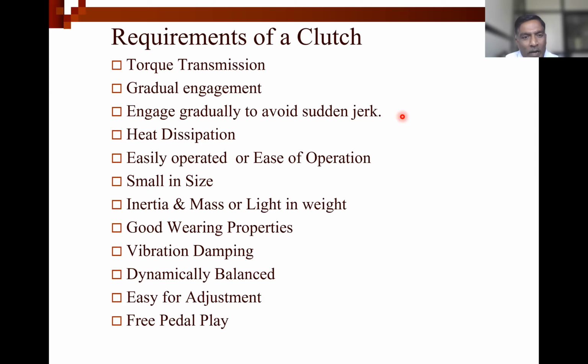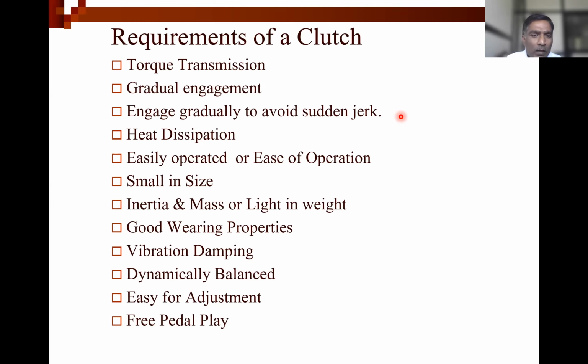And how to dissipate that heat? Whatever the clutch assembly, there should be a facility for heat dissipation to maintain the coefficient of friction constant. When there is heat, there will be a decrease in the coefficient of friction. How to avoid that? There should be a heat dissipation arrangement.